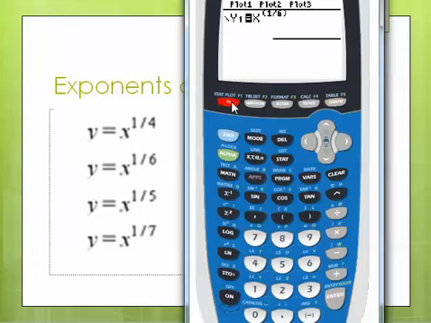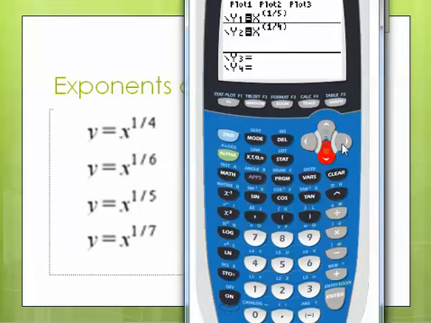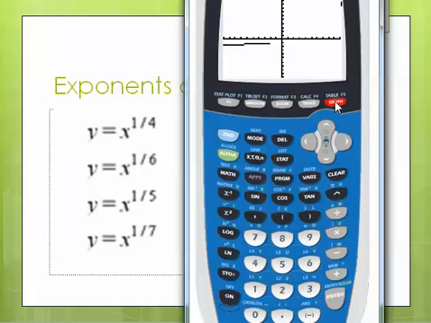Well, what about the fifth and the seventh power? Well, we know that the fifth power might not look the same because that's an odd number in the denominator. So I'm going to change that one to 5, and I'm going to change this one to 7. Okay, and I'm going to graph them. Oh, there's the one to the fifth, and then there's the one to the seventh that's a little bit inside of it. So they look very similar like this.